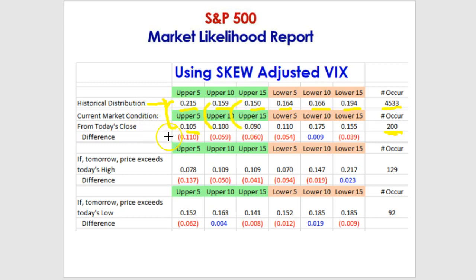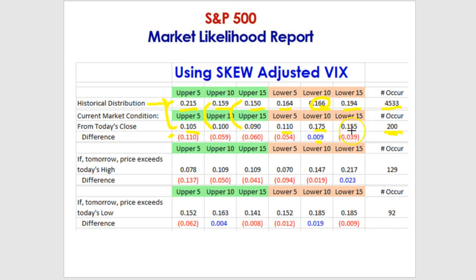So this is a picture of certainly that the upper bands do not get struck near as often as the benchmark when this condition comes around. Now on the downside, the lower 5-day bands were struck 11%, the lower 10, look at that, 17.5%. That's actually a little bit higher than the benchmark. You see that? It's pretty much right on it, but a little bit higher.